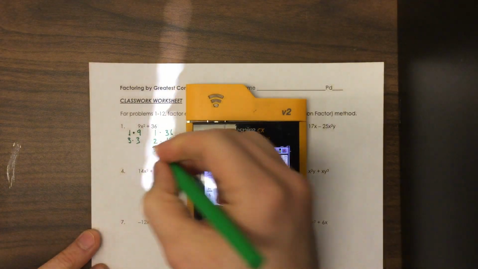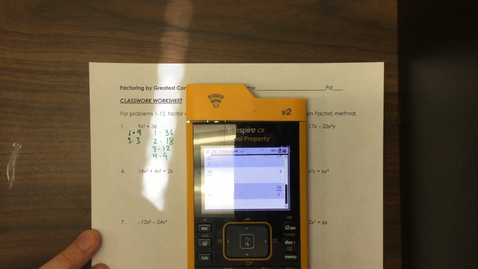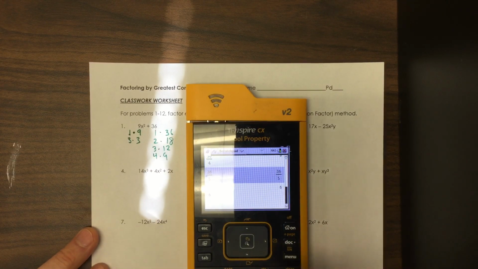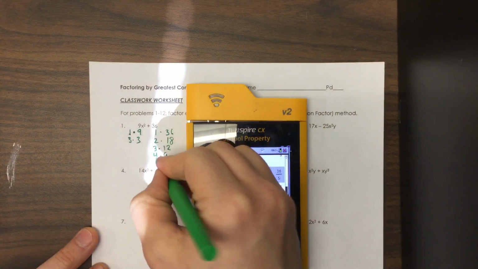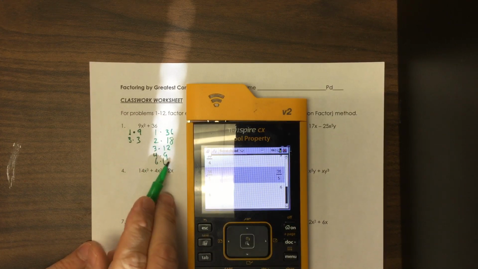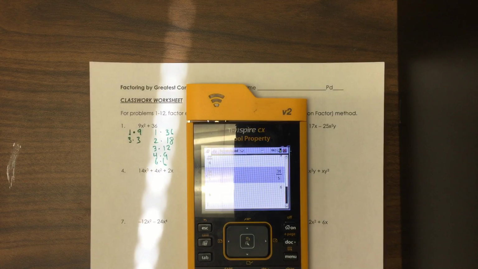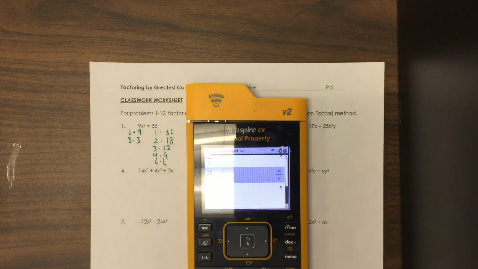We get 4 times 9. 5 won't work. Gives you a fraction. 36 divided by 6. You get 6. So 6 times 6. And so on. When I do 7, it doesn't work. 8 doesn't work. When I get to 9, it's a repeat. I already have 9 and 4. So once you get to a repeat, you know that you are done.